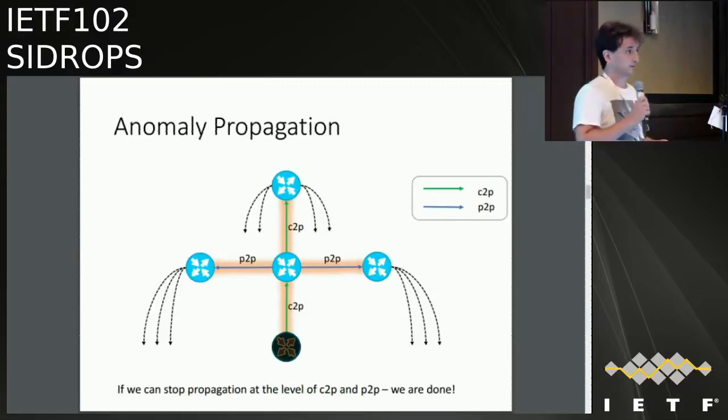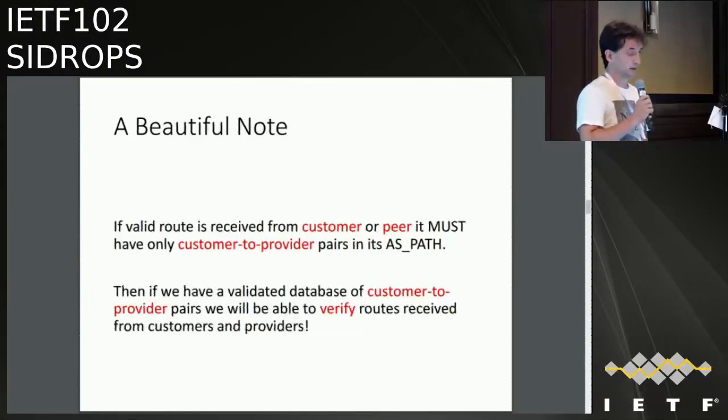There is a wonderful thing about routes that are received from providers and peers. If we learn a route from a provider or peer, in its AS path there may exist only customer-to-provider pairs. And that's all. So to be able to not validate, but verify the AS path, we need a validated database of customer-to-provider relations.